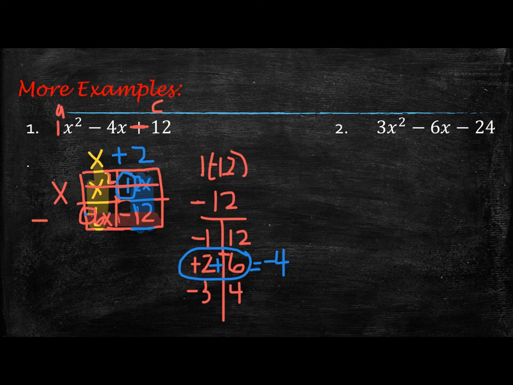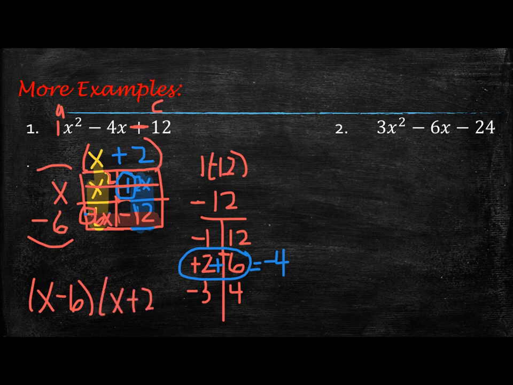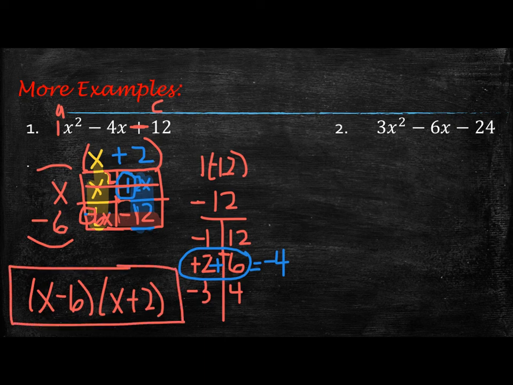And then 6x and 12, we can factor out a 6. So what ends up happening now is that we have this set of parentheses as our first factor, and our second set of parentheses here, that is our second factor. So you can see that it's the exact same method as grouping. It's just some people like the box to be able to organize their information.